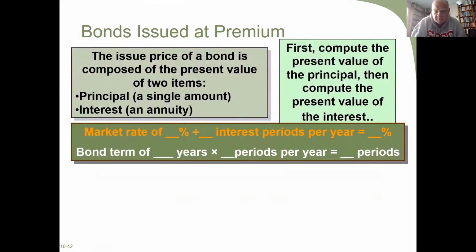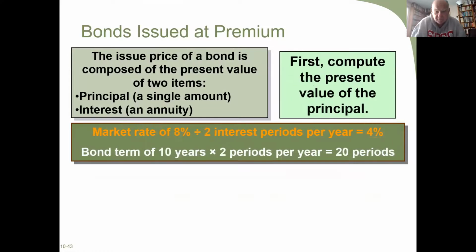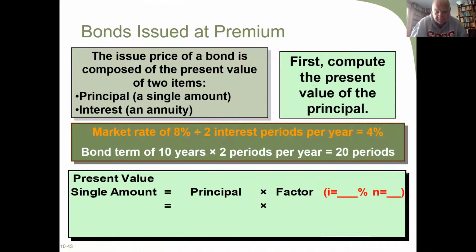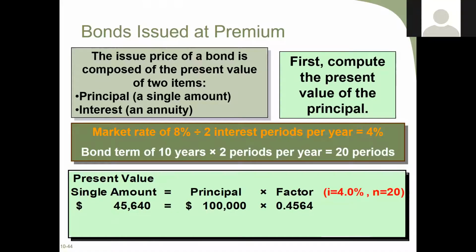Market rate is 8. You go to your present value table for 4%, 20 periods, due to the fact that we're making biannual payments. And we compute. There is the present value of the principal.